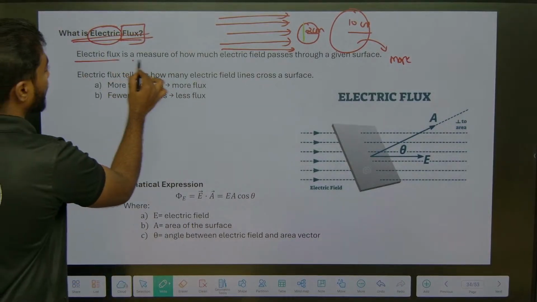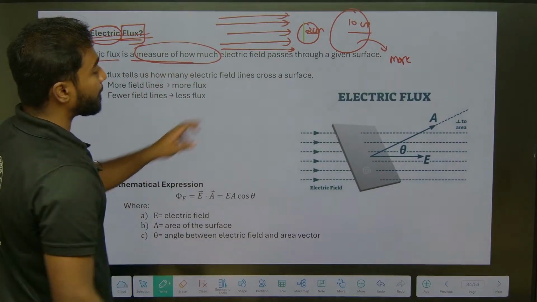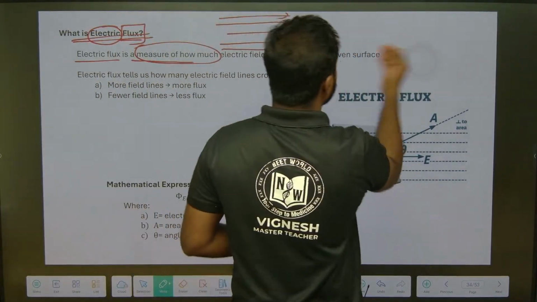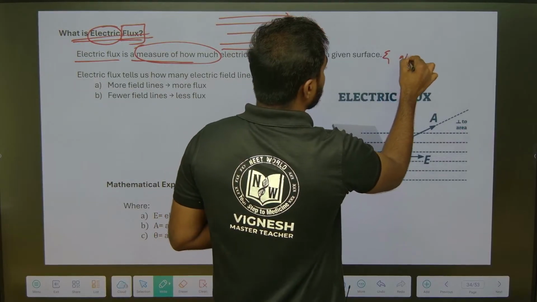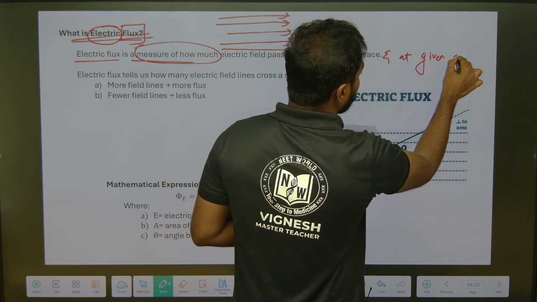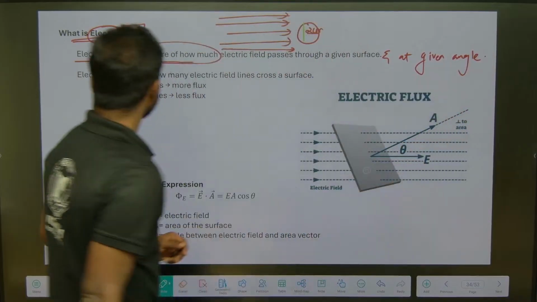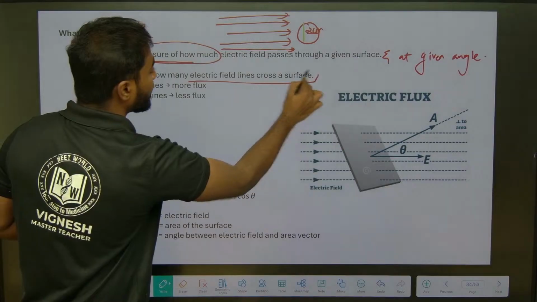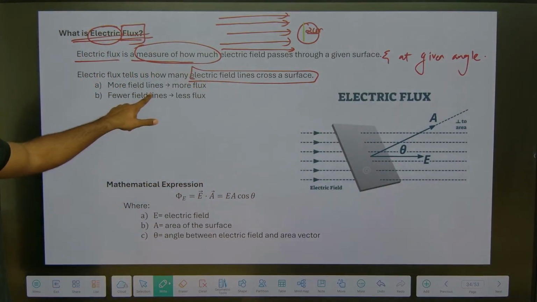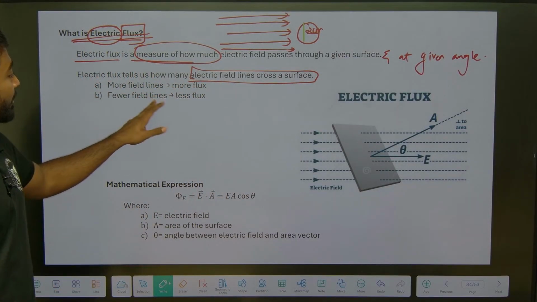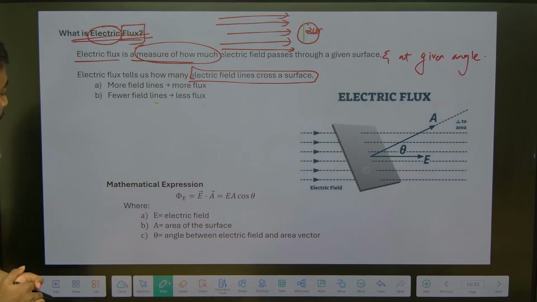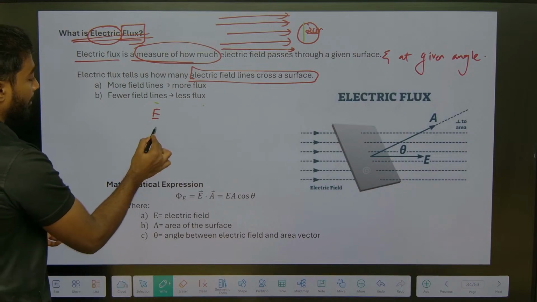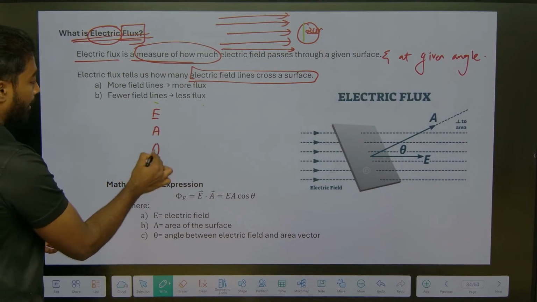Electric flux is a measure of how much electric field passes through a given surface at a given angle. It tells us how many electric field lines cross the surface. More electric field lines mean more flux, fewer electric field lines mean less flux. So this depends upon the electric field lines, area and angle.